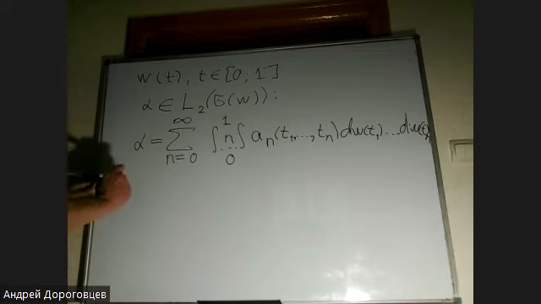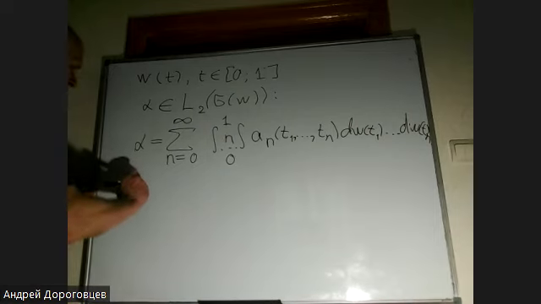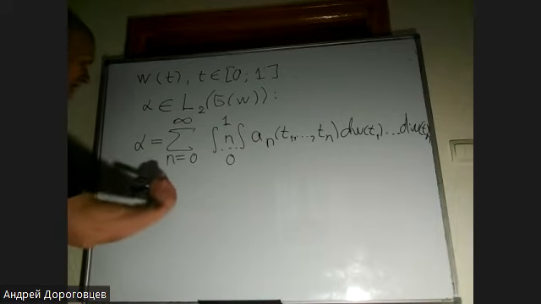And after this, we define the stochastic derivative of the random variable alpha.